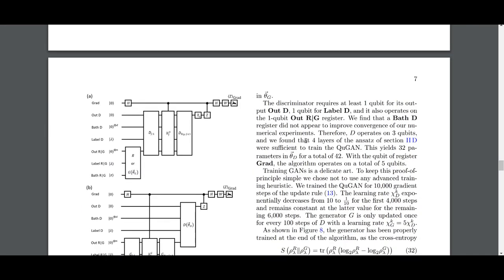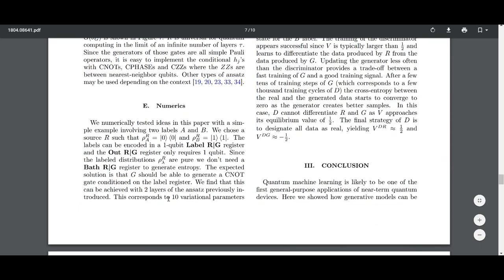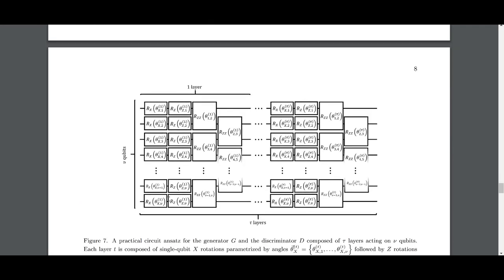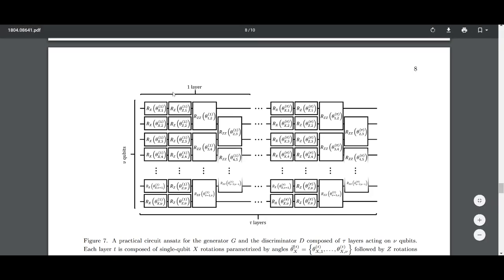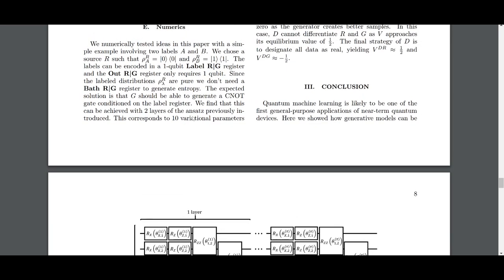The discriminator requires at least 1 qubit for its output. So this is the discriminator, this is the generator. So 2 layers, 1 layer. Okay, 2 layers like this and this. And how many qubits are we talking about?